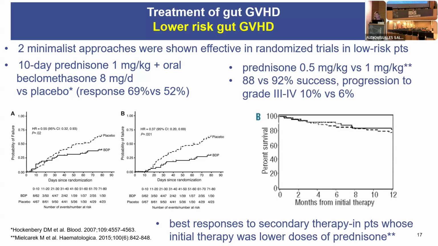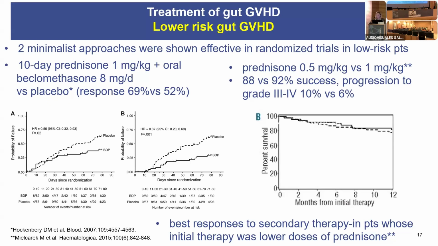And also even lower dosages might be effective. But what is important is that you will not, let's say, compromise the response to a higher dose if you need it, because actually the best responses to secondary therapy are in patients whose initial therapy was lower.